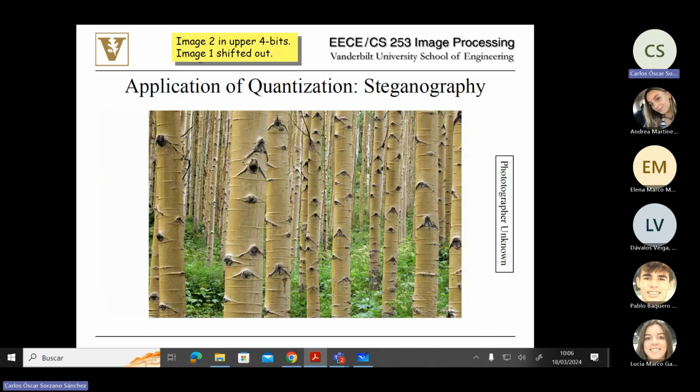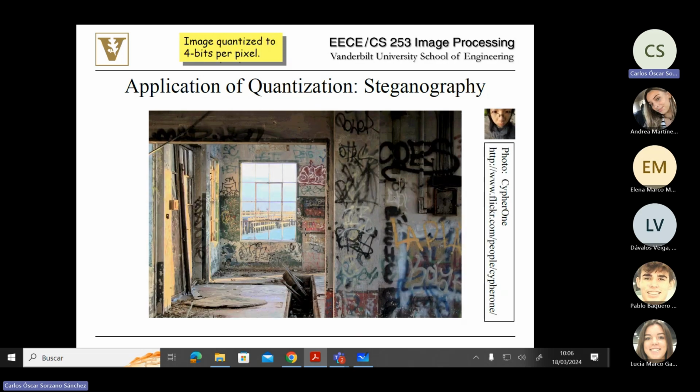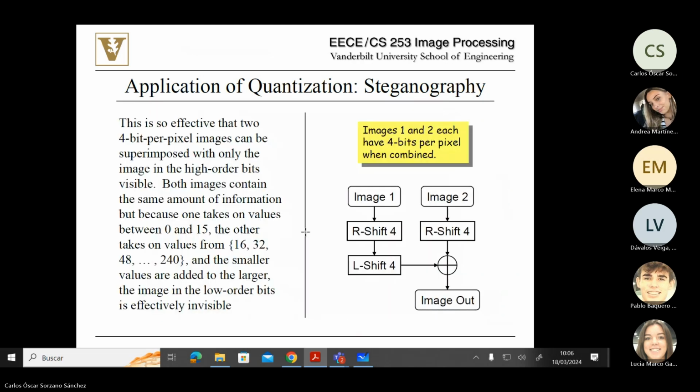This technique is called steganography. Stegan means hiding, so it is hiding an image inside another one. This is a very simple way of hiding an image in another one.